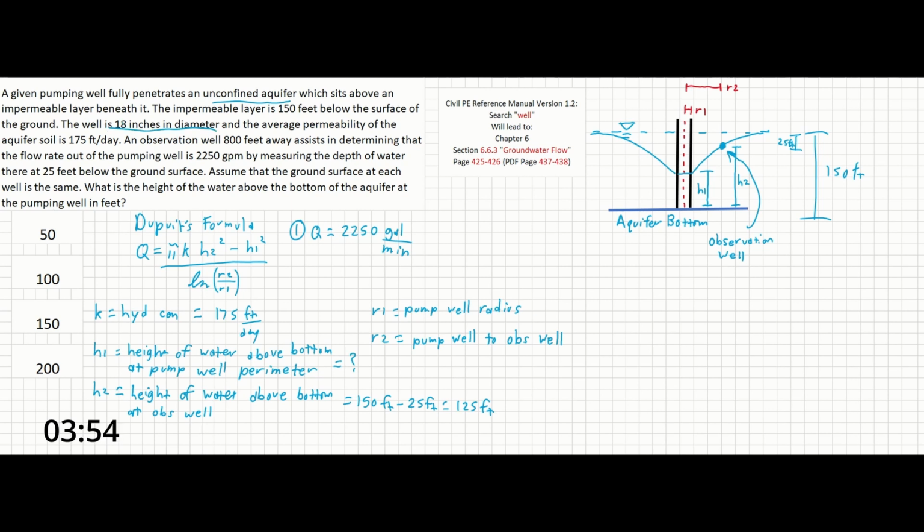The pump well radius we already know because we've been given the diameter in inches up here. So that's going to be 0.75 feet. And R2 is the observation well distance away from the pumping well, so that's just 800 feet.